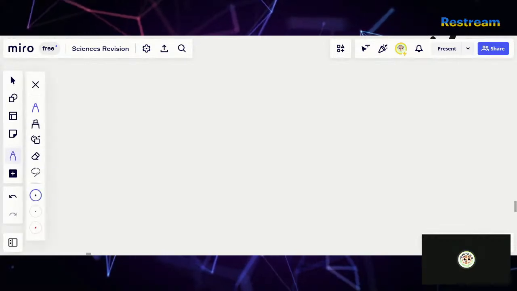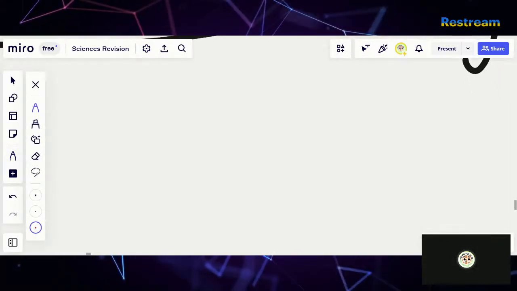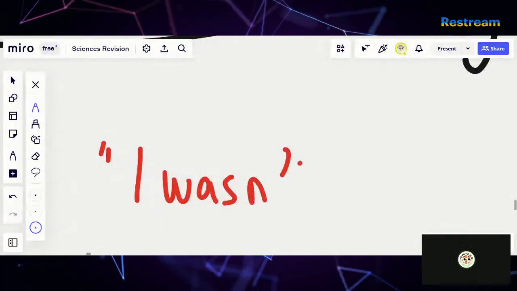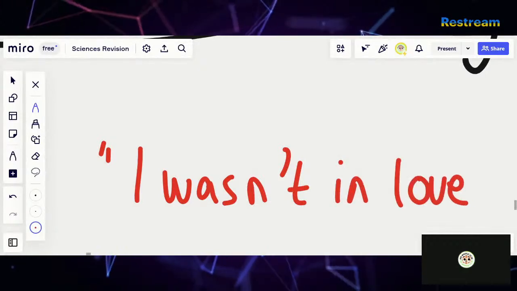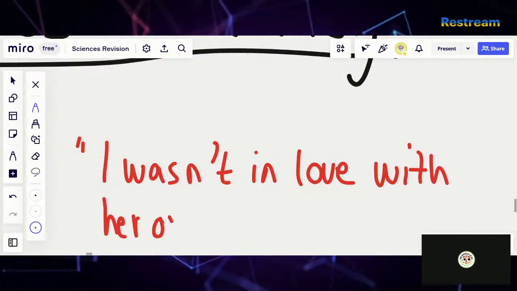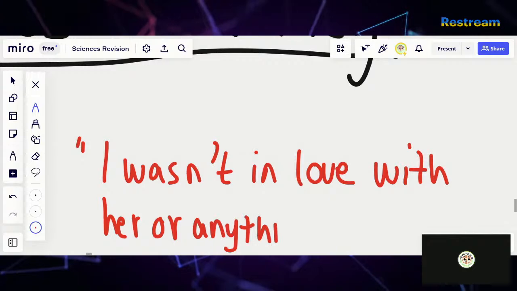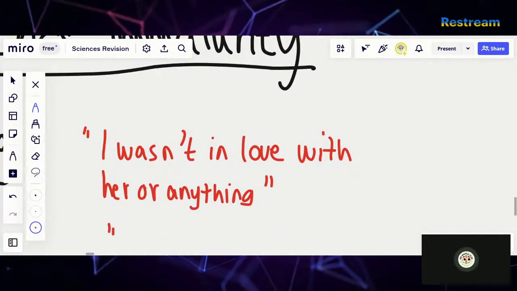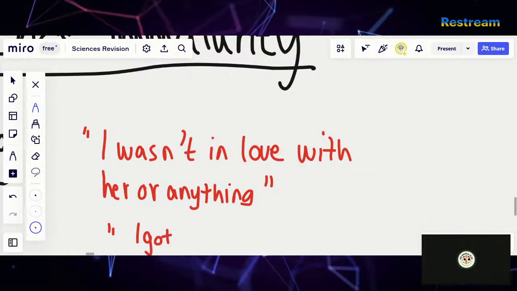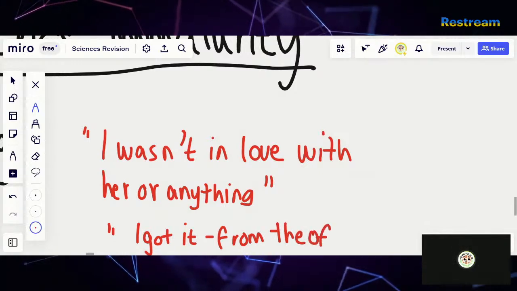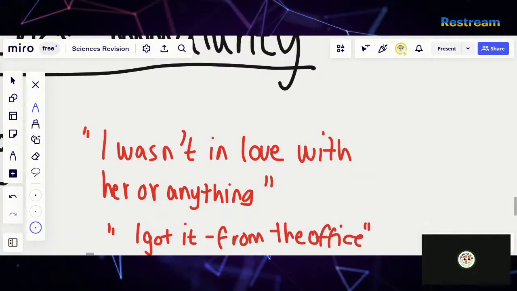The first quote that I have that suggests Eric is immature is "I wasn't in love with her or anything." And then another quote that supports that he's quite immature is, "I got it from the office." So that's in reference to the fact that he stole from his father's office.